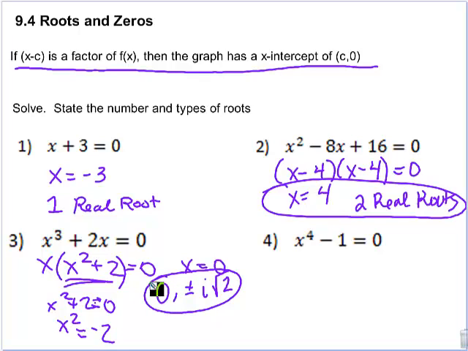So what are the numbers and the types of roots? So here we have one real root for the 0. And how many do we have for the imaginary? We have 2 because there's a plus and a minus.